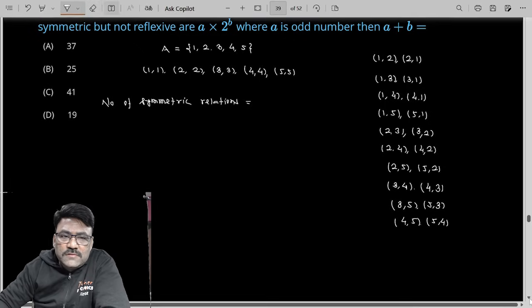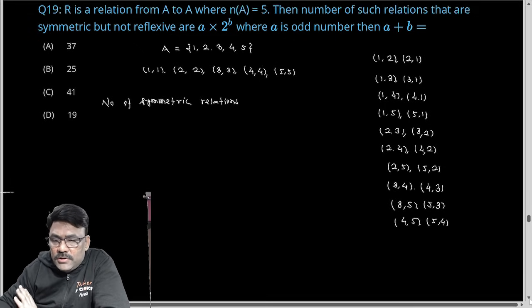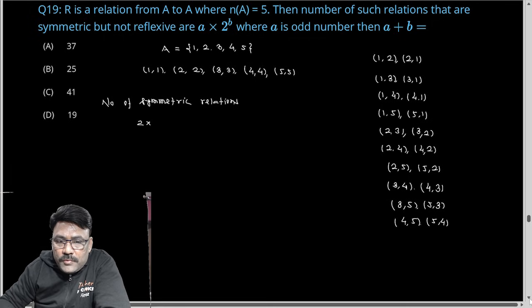You may take it in your relation or you may not take it. So two options for 1 comma 1, two options for 2 comma 2, 3 comma 3, 4 comma 4, and 5 comma 5.